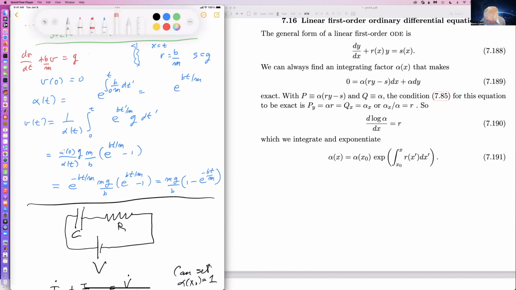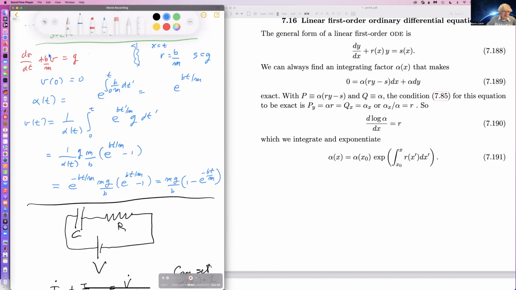This just cleans up the equations, and you get the same answer, of course. I'll just put a 1. So that's cleaning up the equations. That's what it looks like.